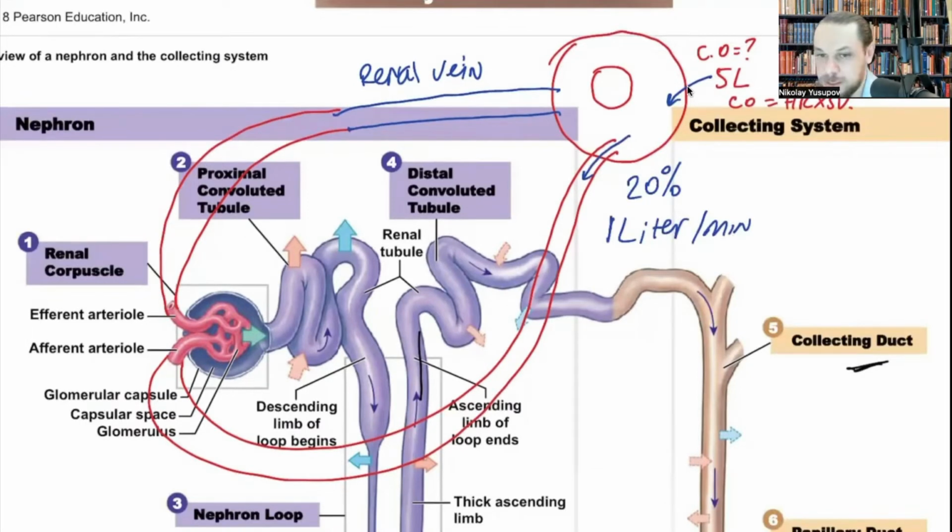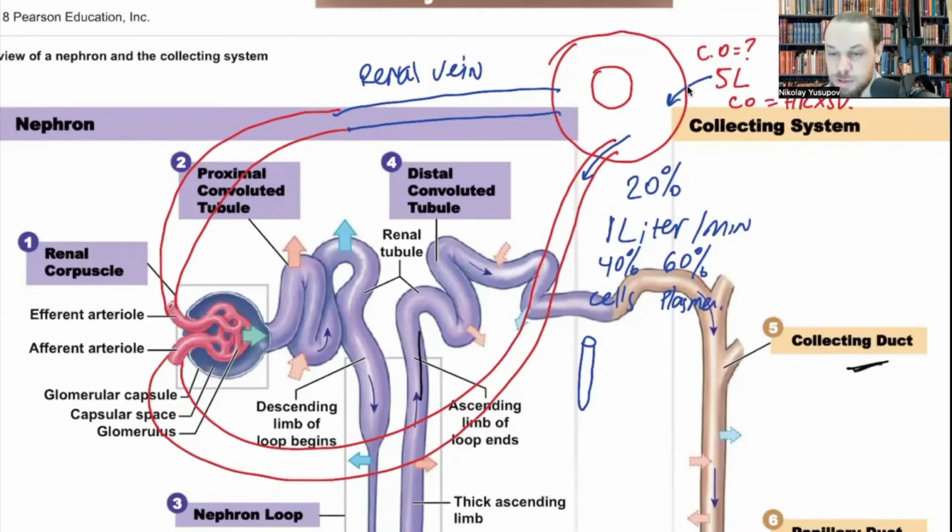And now we know, if you take, let's say, a blood tube and I put blood there, not all of it is going to be pure blood. We have cells, red blood cells, we have proteins in there, we have plasma in there. So if we divide this 1 liter, 40% of it will be cells, and the other 60% is the plasma. 60% is plasma, which has some proteins in it, big proteins like albumins.